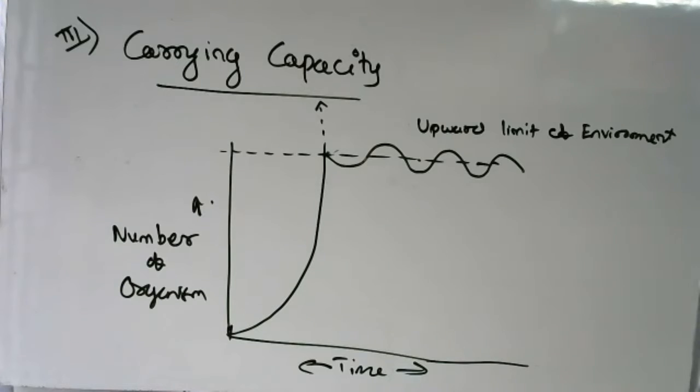Seesaw is a single word. It means the population goes up and down, up and down, which is called seesaws. And population decreases.